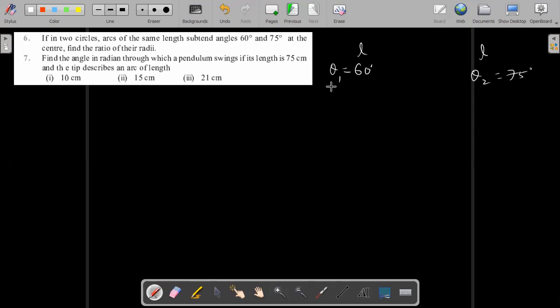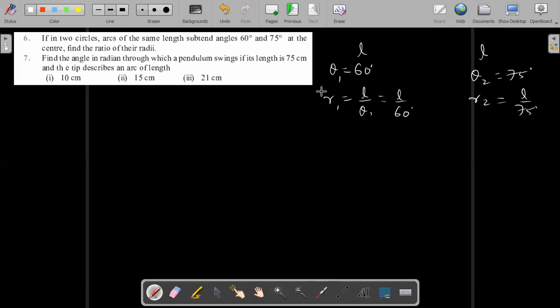So theta is equal to L upon R. So R is equal to L upon theta. So R1 is equal to L upon 60 degrees, and R2 will be equal to L upon 75 degrees.